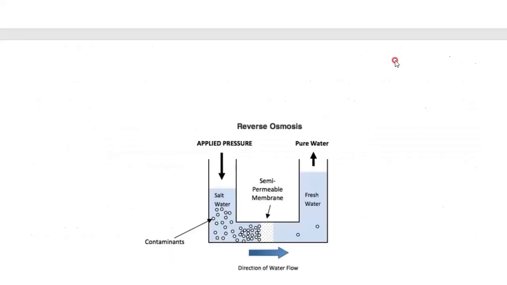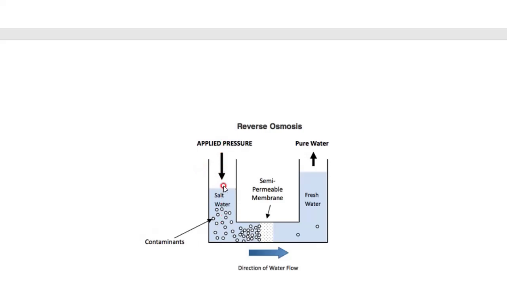Here there is a picture which represents the process of reverse osmosis. You can see here, this is fresh water and this is salt water. These are two different containers, separated by a semi-permeable membrane. Here in the salt water, or the feed water, we are applying pressure. This pressure must be greater than the osmotic pressure of water.